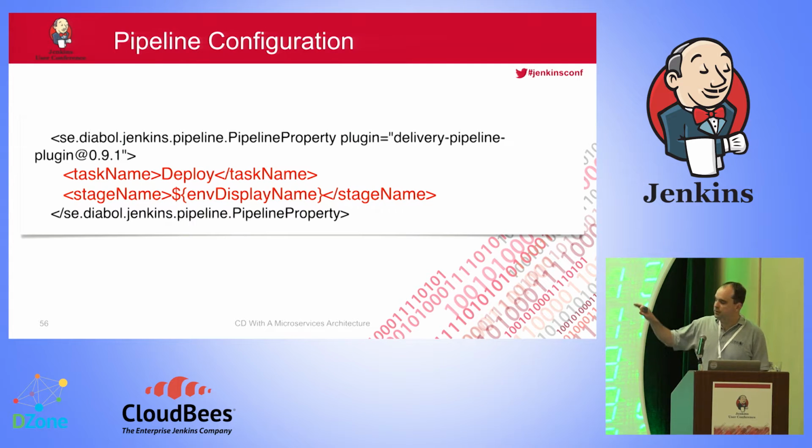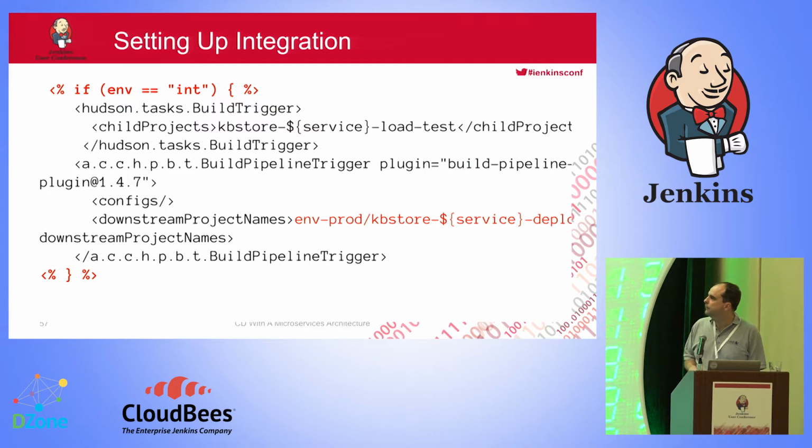So I know that this task is going to be deploy, but the stage could be integration or production or whatever the environment I'm targeting is. And in my transformation, because I'm going to use the same template for all of my deployment jobs, I might have some logic in here that says if the target environment is int, then include the stuff that connects to the downstream jobs.